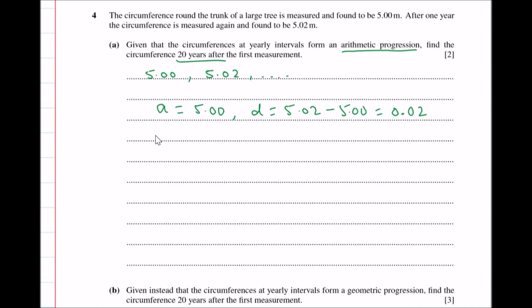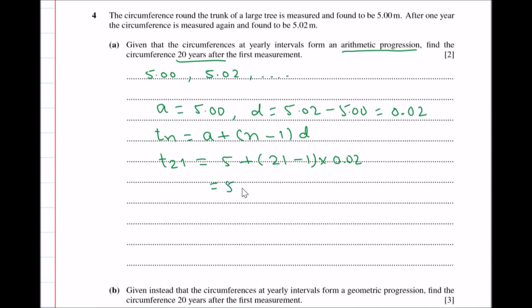So now we know the formula: Tn equals A plus (n minus 1) into D. So we have to find the 21st term, since after 20 years it becomes the 21st term. T21 equals A, which is 5, so write 5 here, plus (21 minus 1) into D, 0.02.